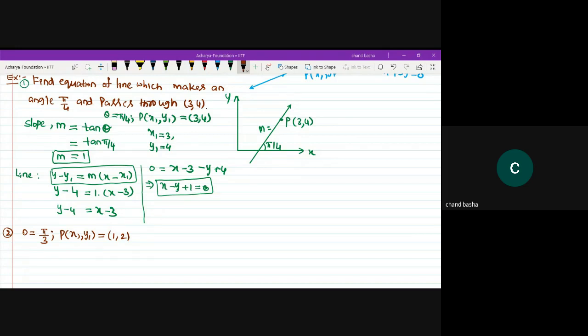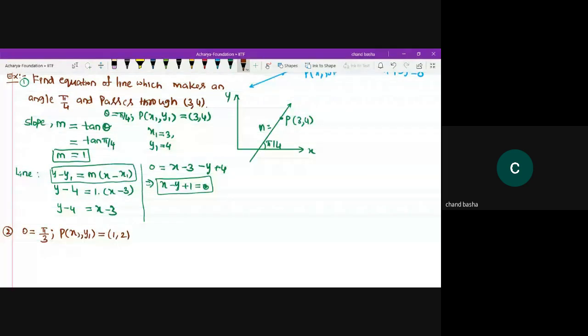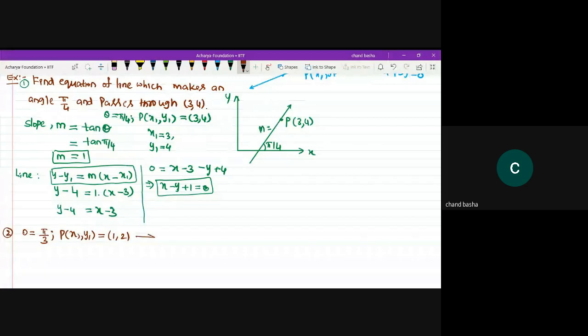Theta value is given. Whenever inclination is given, we always use the tan function, tangent of that inclination, for finding the slope. It is asking for the equation of the straight line by making use of the same concept. Equation of straight line.